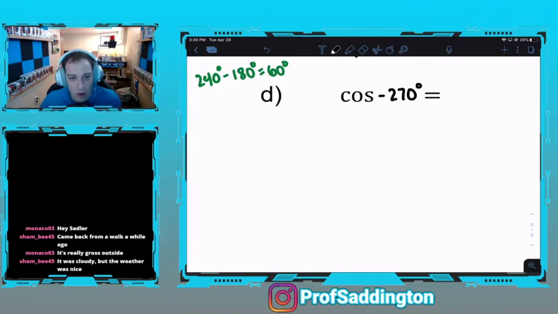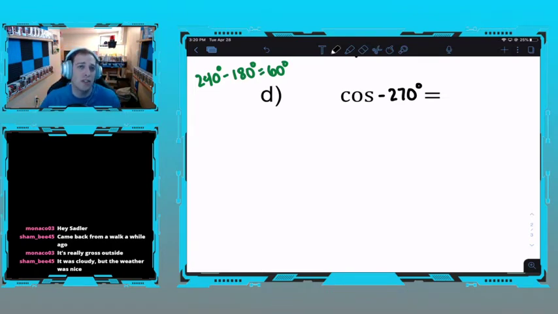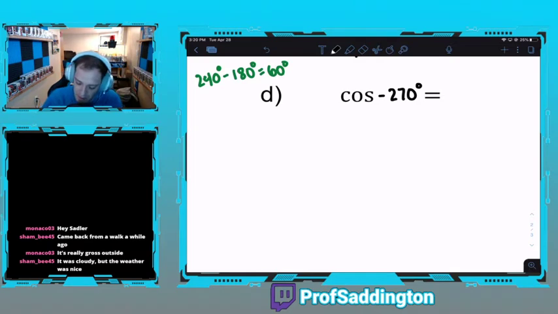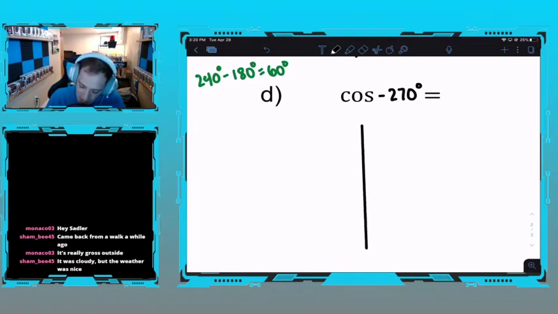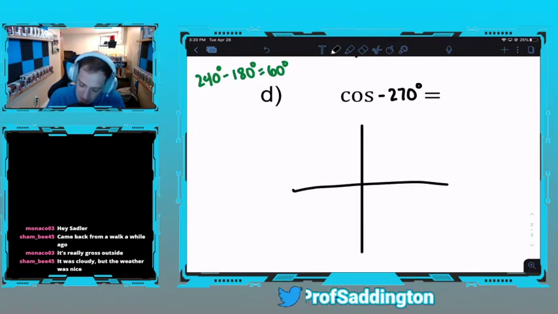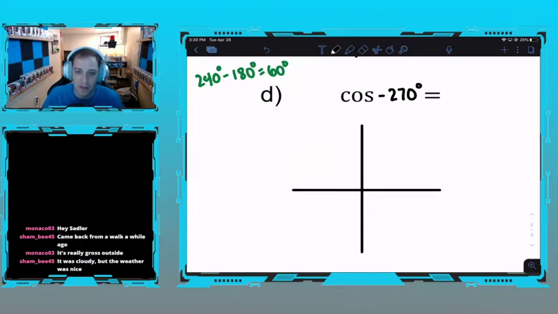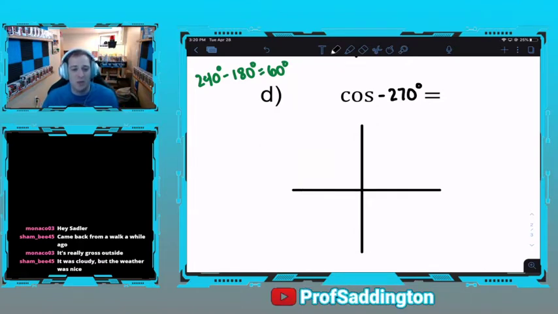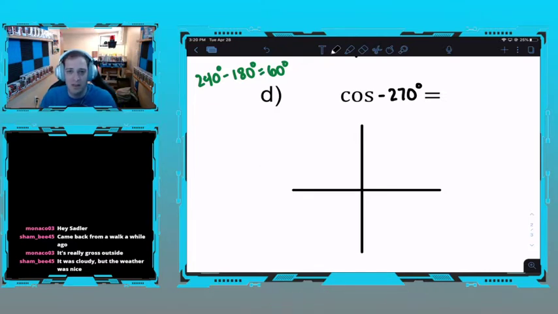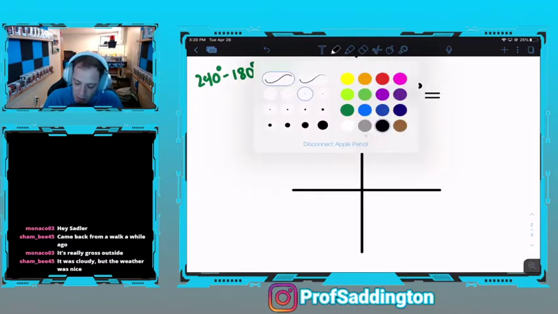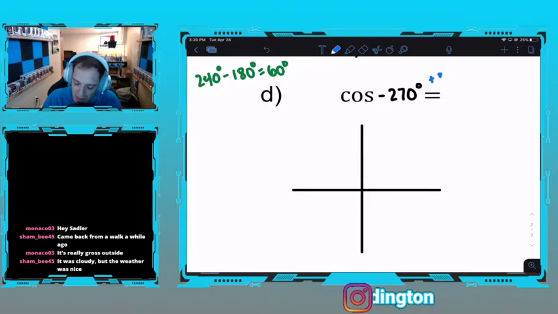So if you did homework number 2, you would have seen a question similar to this. Okay, so I'm going to draw my x and y axis. All the steps are still going to be the same, but you're going to notice something that happens here. Because if you do negative 270 degrees, we can't graph it unless it's positive. So I told you guys, if we want to make this positive, we have to add 360 degrees to it.